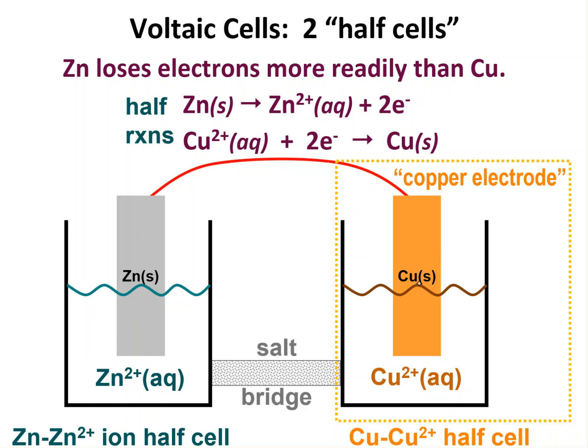On the other side, we have a solid piece of copper and a solution with copper ions. In between, we have what's called a salt bridge. We'll get more into that. We call this whole apparatus the electrode. The electrode includes both the liquid and the solid. The solid, if you want to know what that's called, is the terminal.